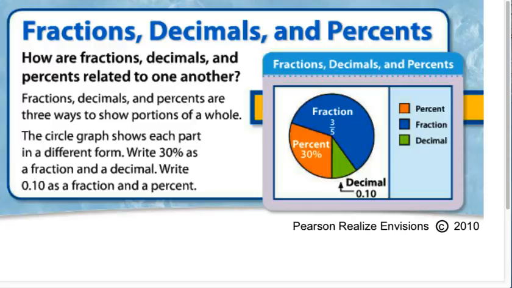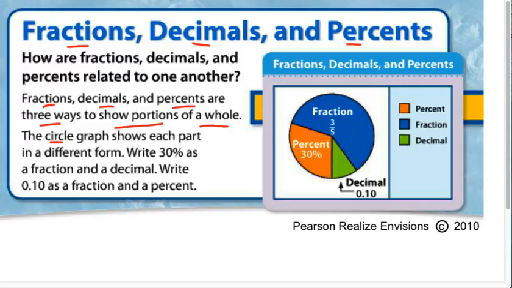Alright? So anyways, now what we're going to do is we're going to actually take a look at the Pearson material. And you'll notice that they tell us that we're working with fractions, decimals, and percents. They ask us our opening question, how are fractions and decimals and percents related to one another? Fractions, decimals, and percents are 3 ways to show proportions of a whole.